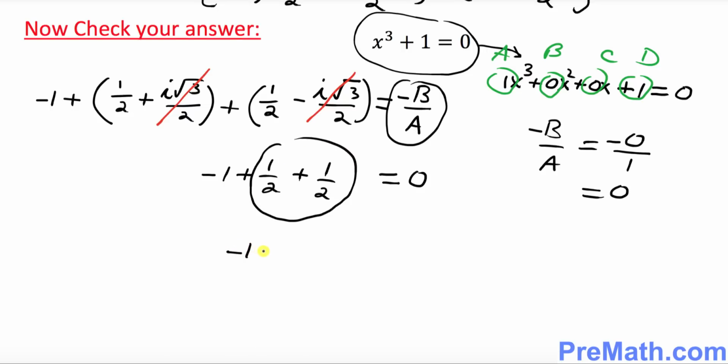So negative 1 plus 1 equals 0. Both the left hand side and right hand side are the same. So since they are the same, our answer checks. They are the correct solutions.